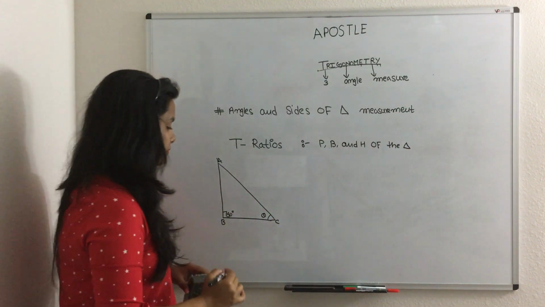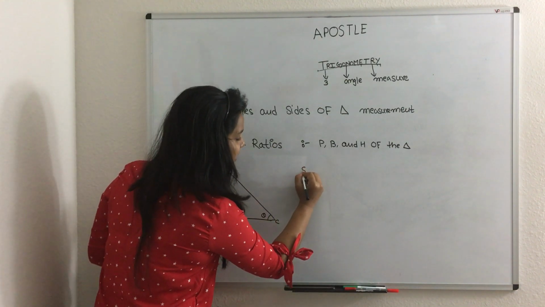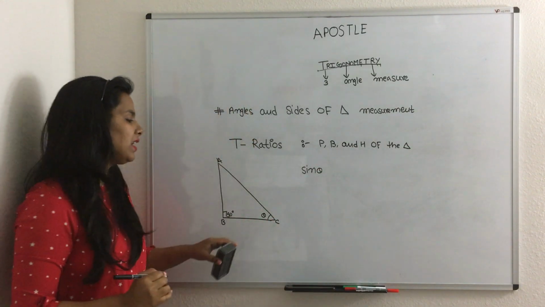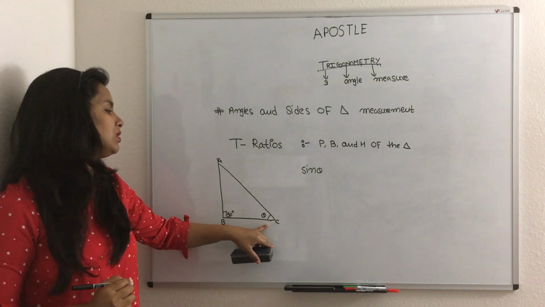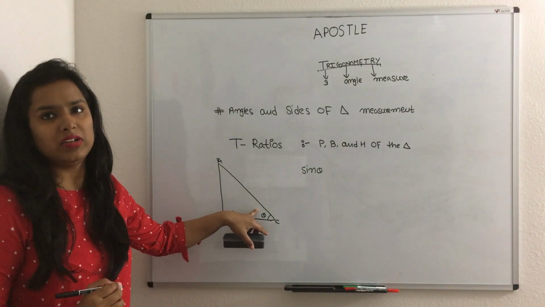First of all, the names of the 6 trigonometric ratios: sine theta, and we are taking theta because we are considering angle C and we give this angle C the name theta.